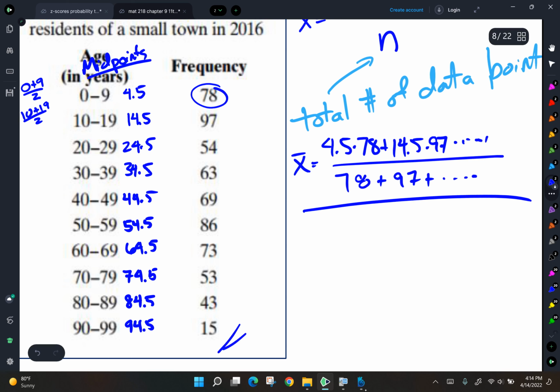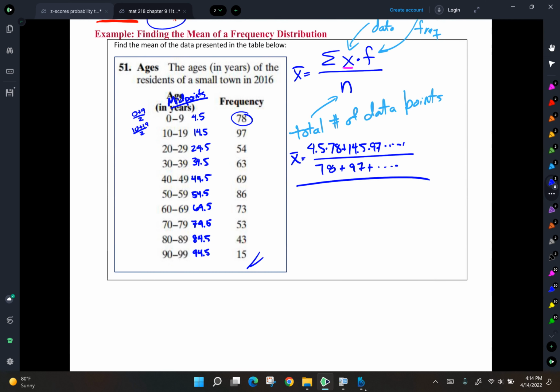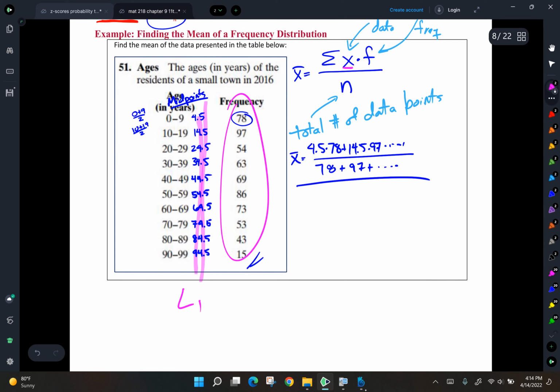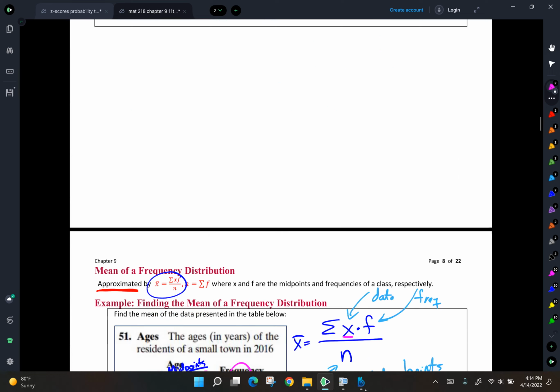Now I'm not going to do that by hand, because one, that's a lot of work, and I'm a huge fan of technology. So I'm going to put this one in my calculator. I'm going to take these midpoints that I just found and put those into list 1. I'm going to take my frequencies, put those into list 2, and then basically redo the command I used up here. Okay?